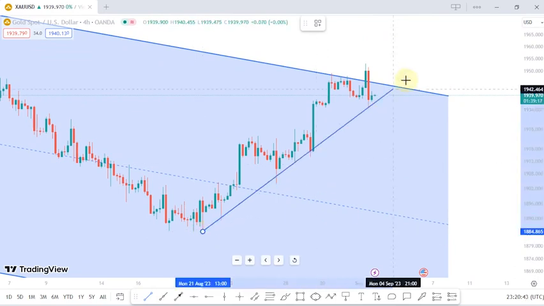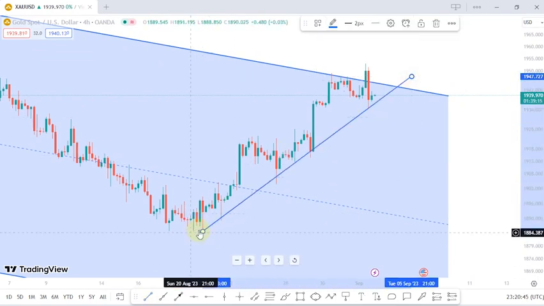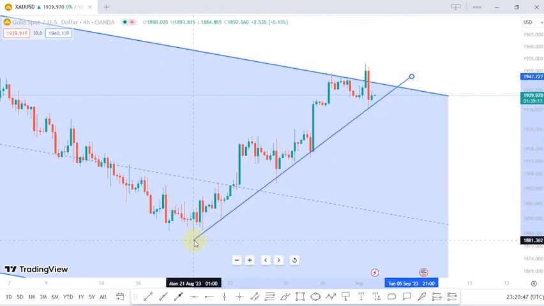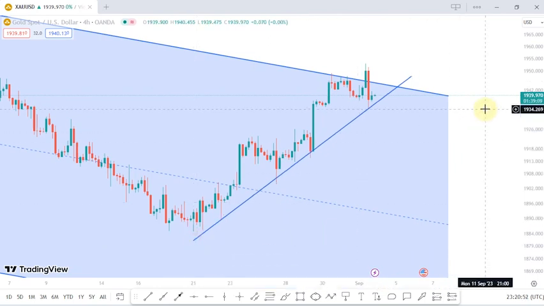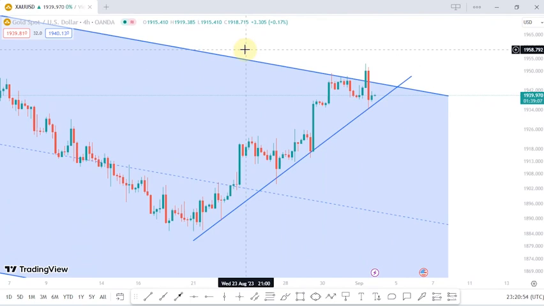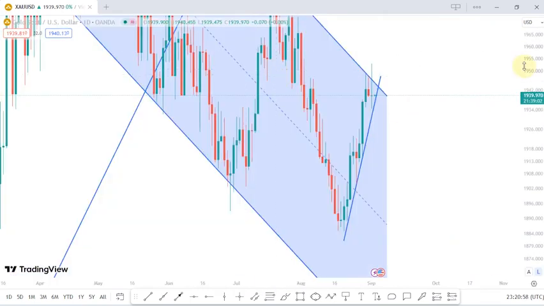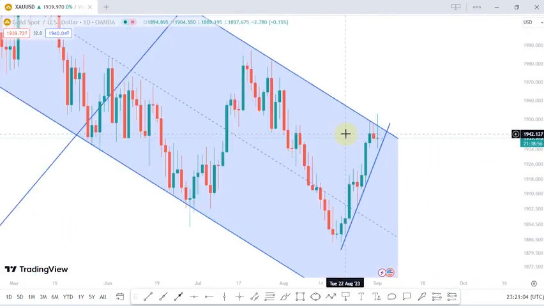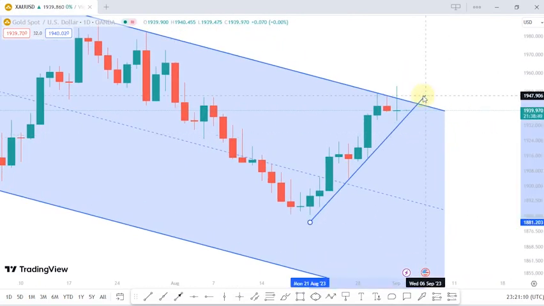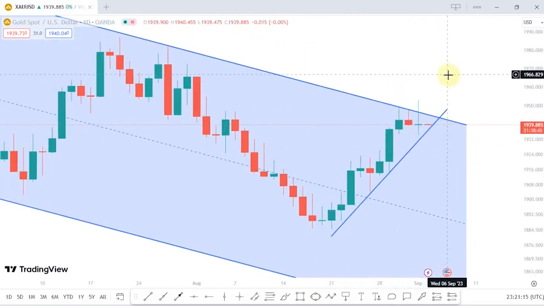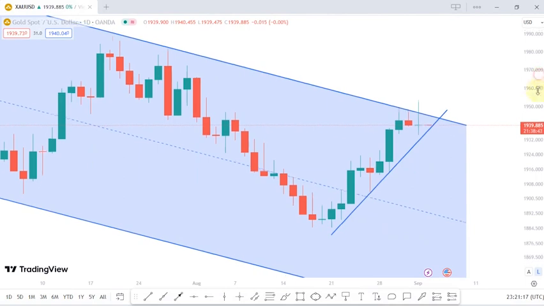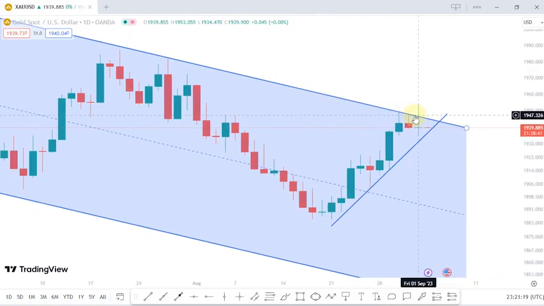So take that, and that is my trend line. What are we seeing here? If I go back to the daily, we can see that we are hitting the top part of the channel.